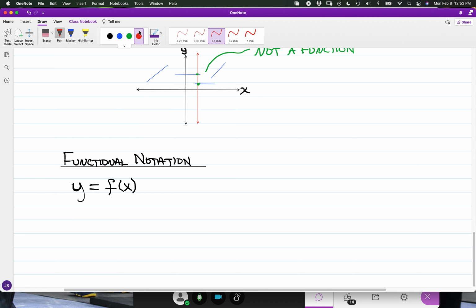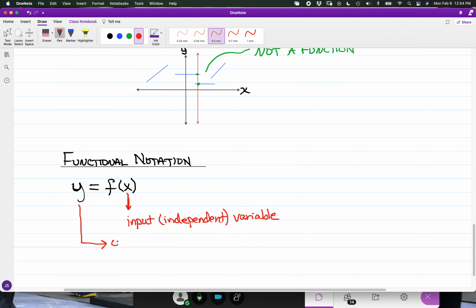And again, we have x, that's the input or independent variable. And whatever we put in for x is going to affect the outcome. In this case, we have y.